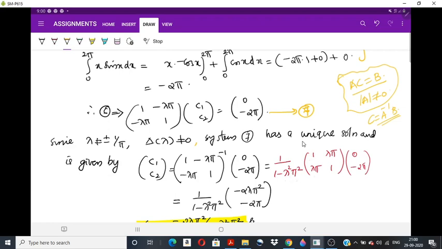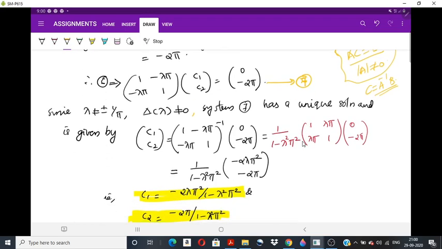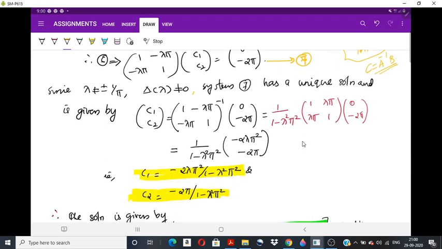Now multiplying this, we will get C1 as minus 2 lambda pi square by 1 minus lambda square pi square, and C2 as minus 2 pi by 1 minus lambda square pi square.